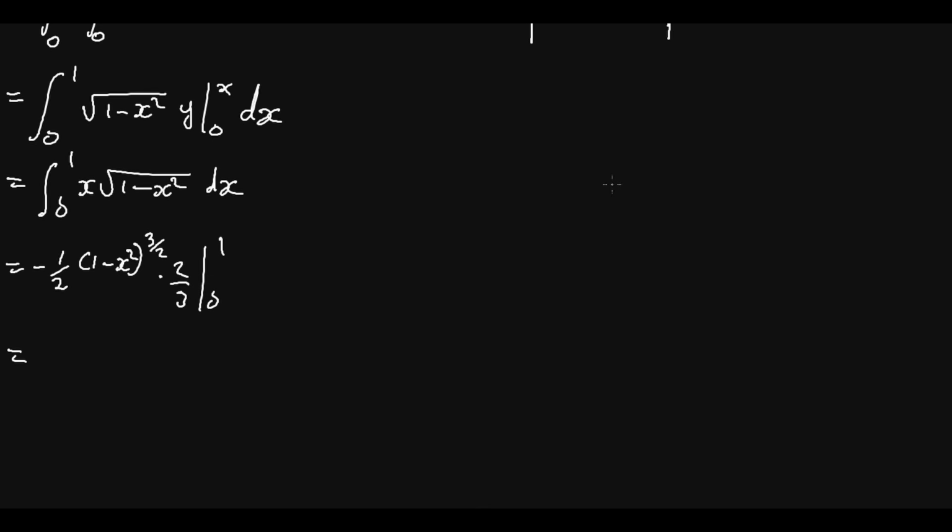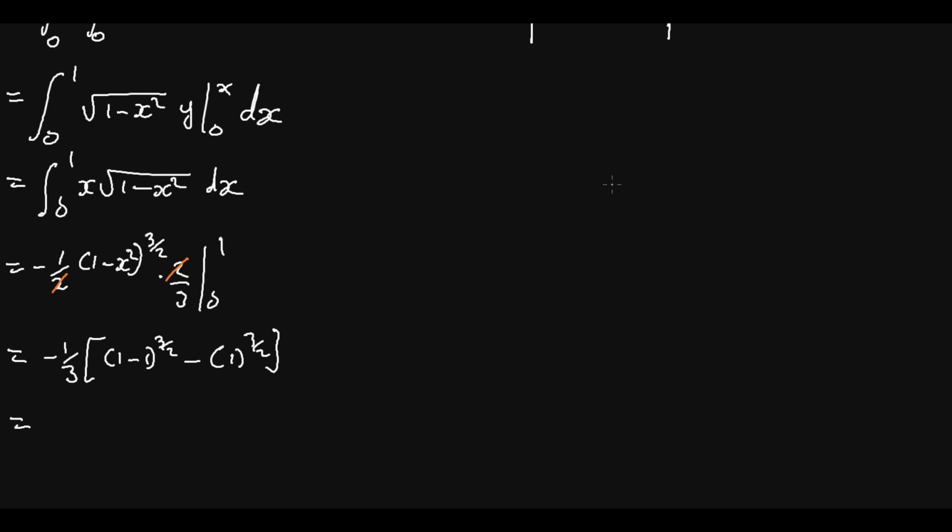So 2 and 2 will cancel. So then we are left with minus 1 over 3. So it means we're having a 1 minus, upper limit is 1 as well, okay, so it's 3 over 2 minus 1 and a 0, 3 over 2.